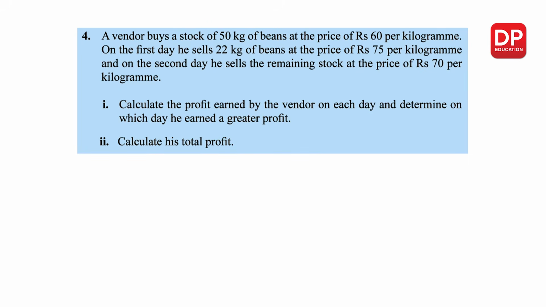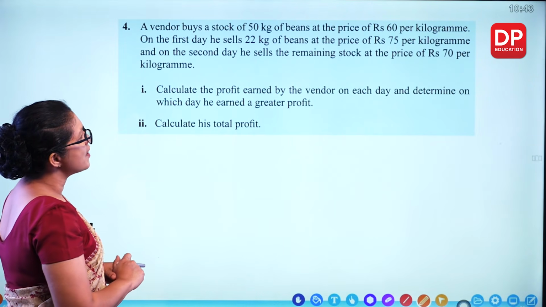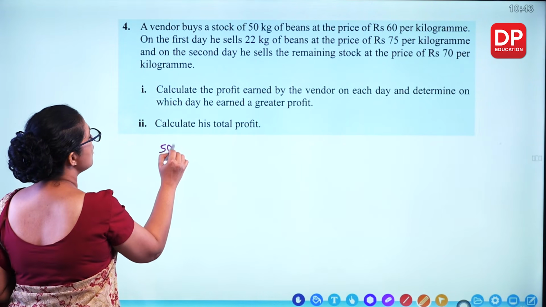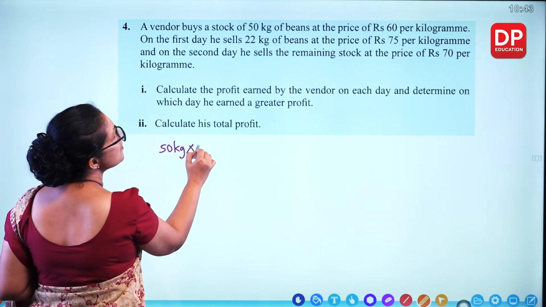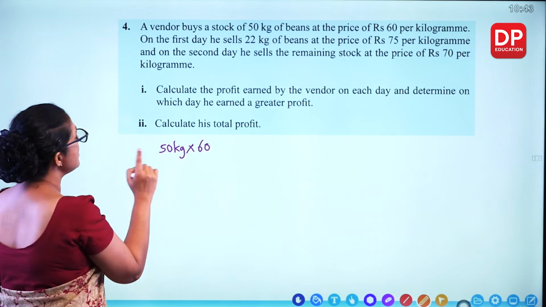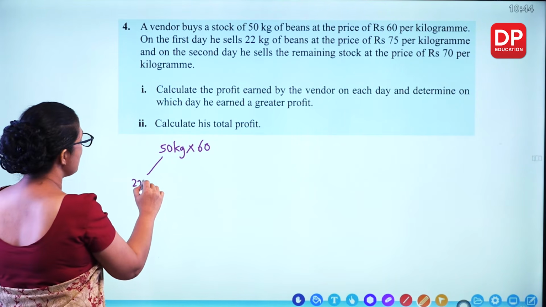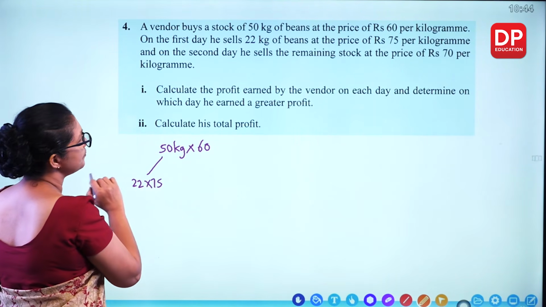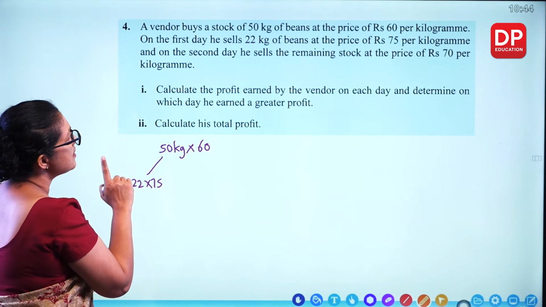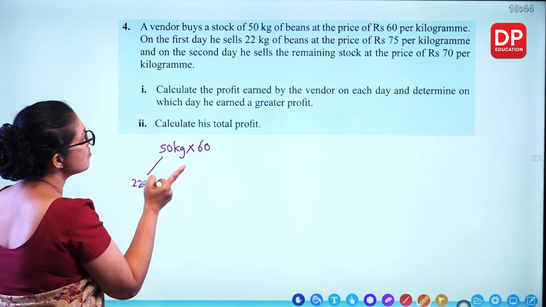Question number 4. A vendor buys a stock of 50 kilos of beans at the price of 60. So 50 kilos at the price of 60 per kilogram. On the first day, he sells 22 kilos beans at the price of 75 rupees. And on the second day, he sells the remaining stock.